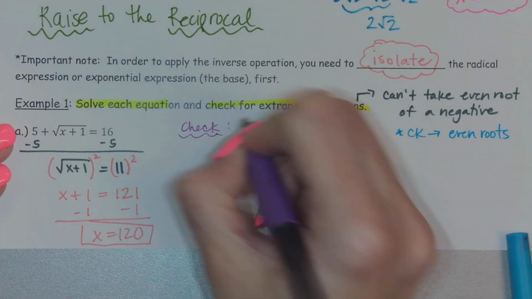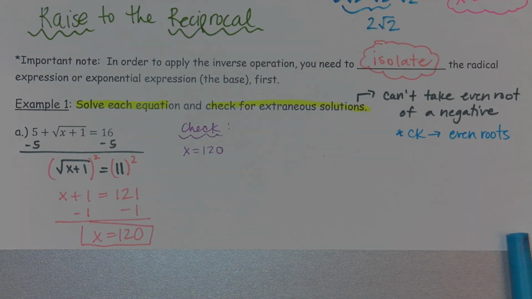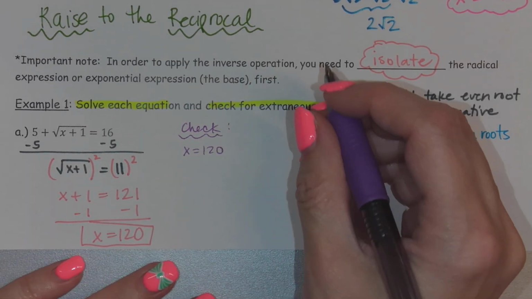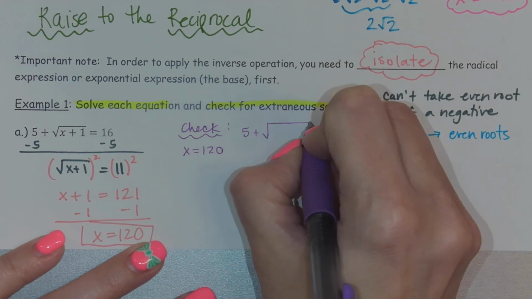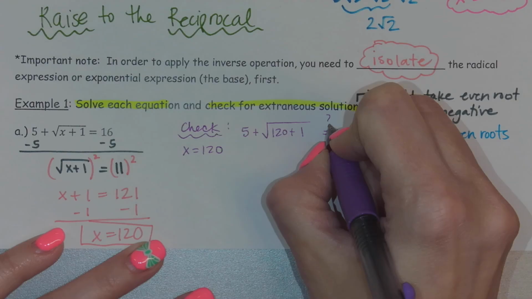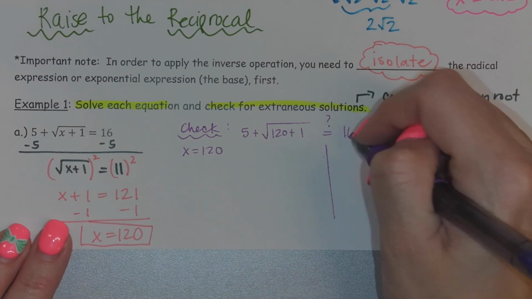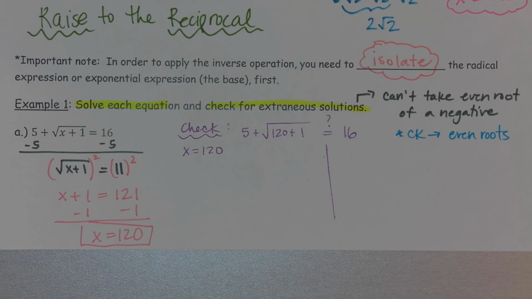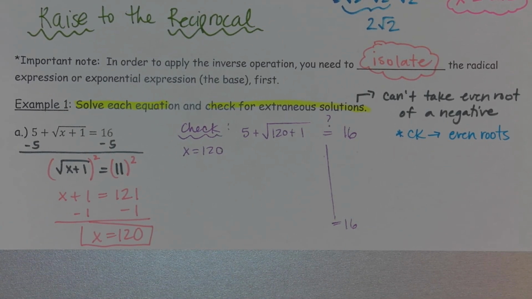Okay, so when you're doing your checks, you're just going to plug it into the original. Remember, you can't move things to either side because you don't know if it's equal. So it's 5 plus the square root of 120 plus 1, and we don't know if it equals 16. Okay, so we aren't going to do anything with this side. We just have to see if those sides are going to be equal.